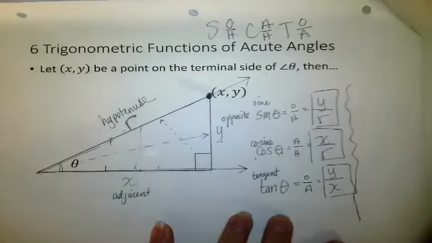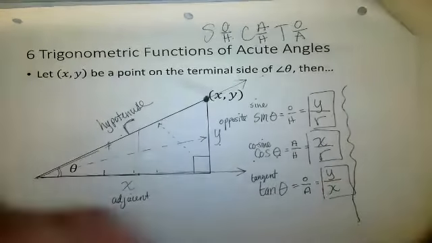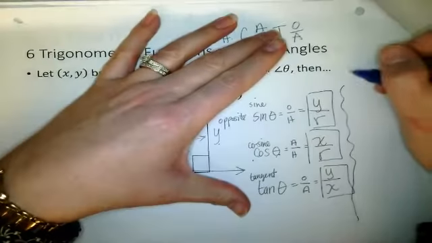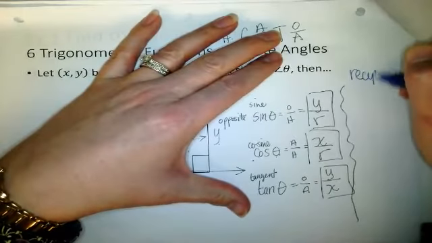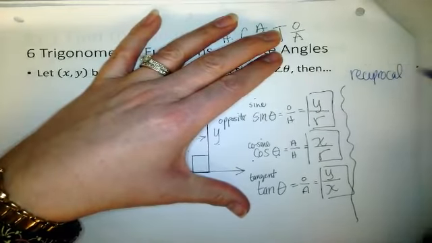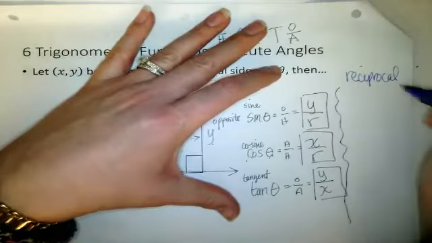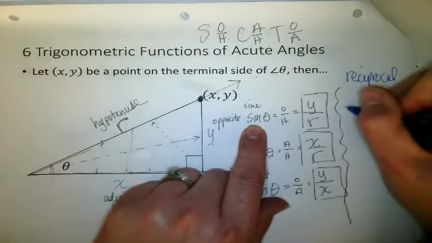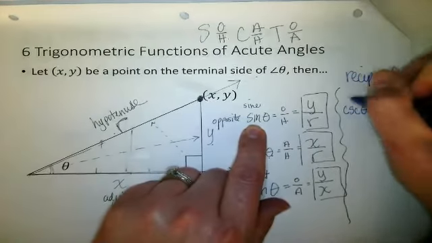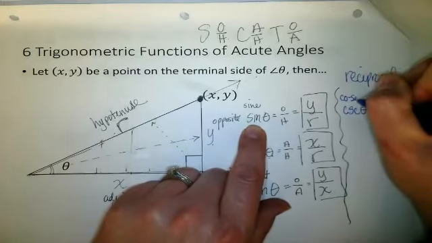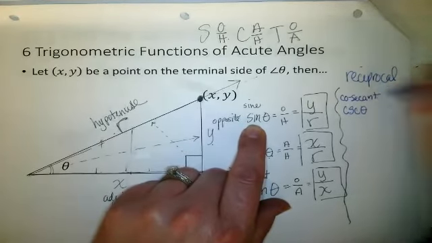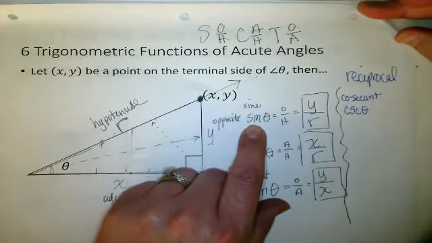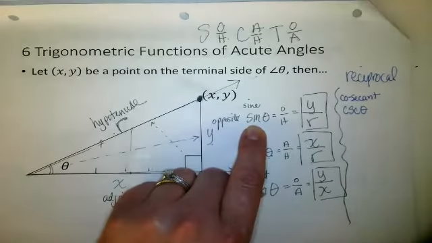So where did the other three come from? All right, here they come. The other three are the reciprocal functions. And they have slightly different names. The reciprocal function of sine is cosecant. I'll write that out. C-O-S-E-C-A-N-T. Cosecant. We abbreviate it CSC.